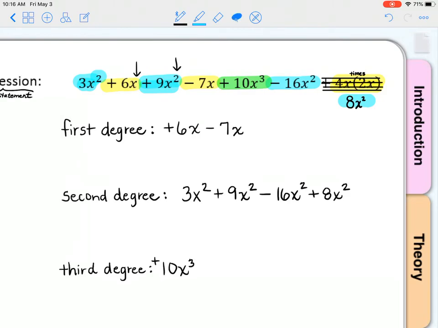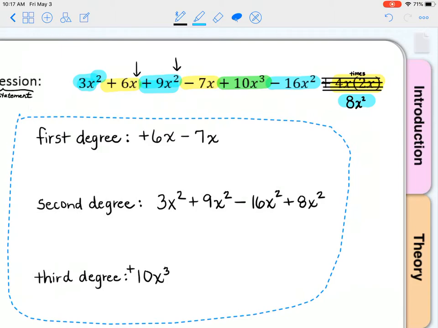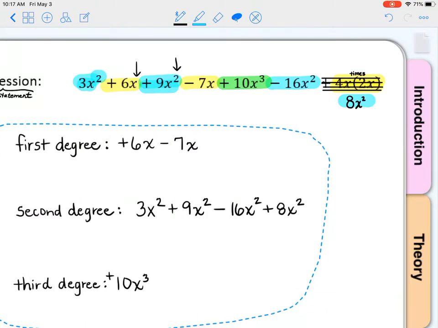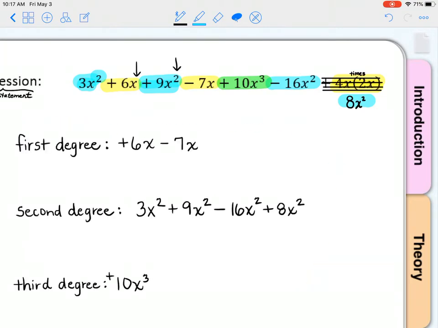We need to combine these terms. Remember, our goal is to simplify, and I really haven't simplified anything. I've almost made it look worse. So what I want you to visualize is maybe a straight line here. Let's put this right there.